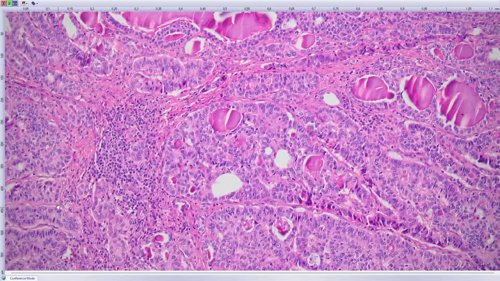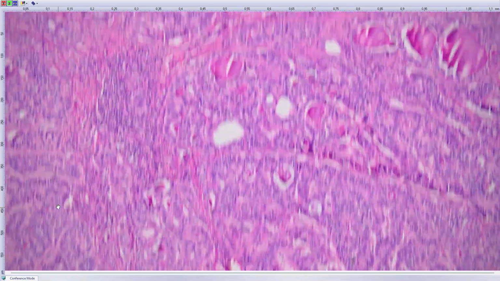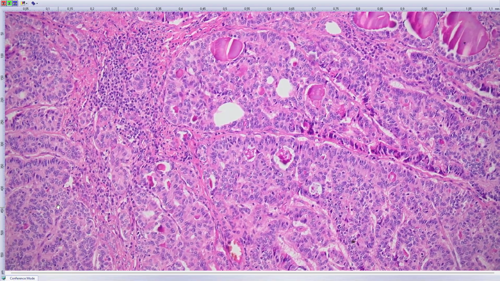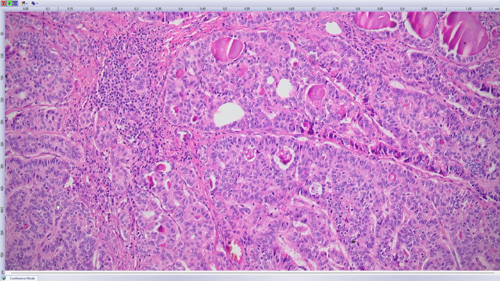What is this? You see it. It looks like carcinoid. You see this carcinoid lesion is producing these colloid-like structures looking like thyroid.